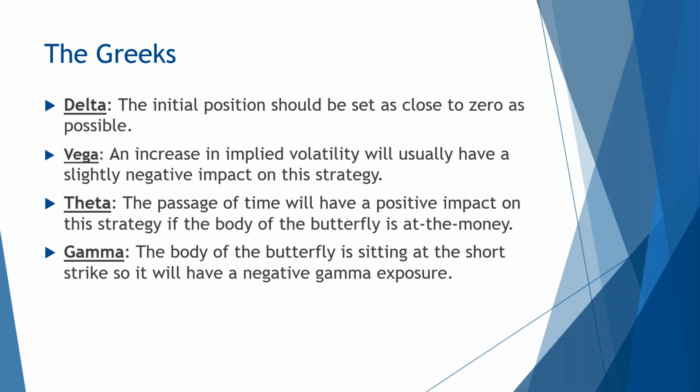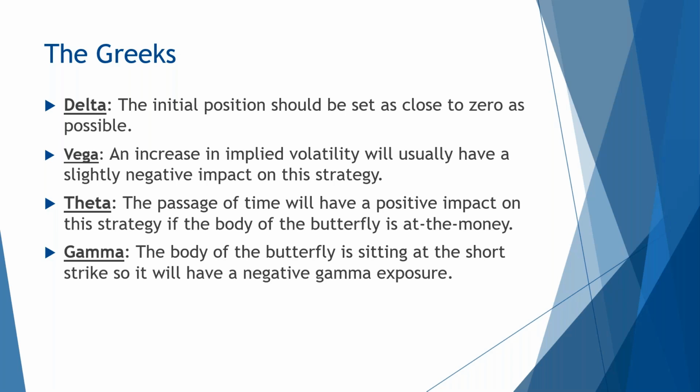Now, an increase in volatility usually has a slightly negative impact on this strategy, especially if the price is vibrating back and forth around our body or between our break-even values.